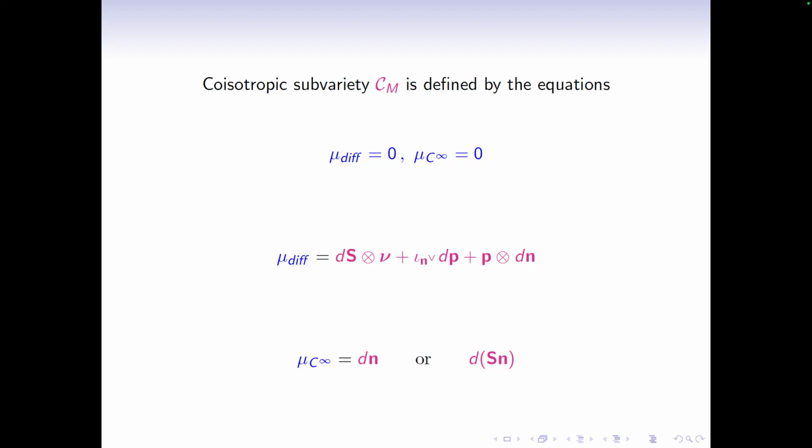So the assignment to every element of the Lie algebra gives me a function on the manifold, which is the Hamiltonian.